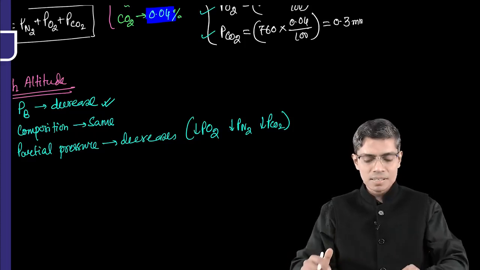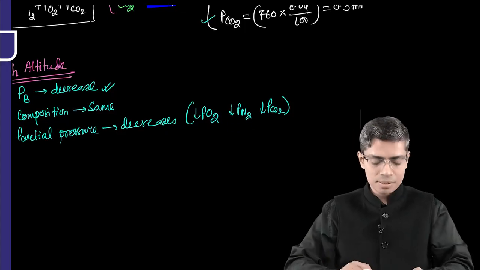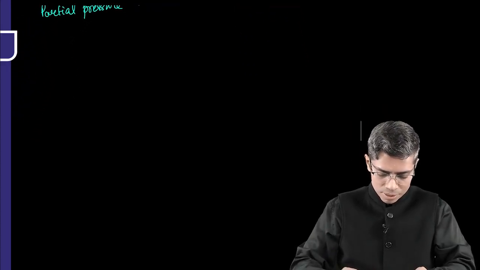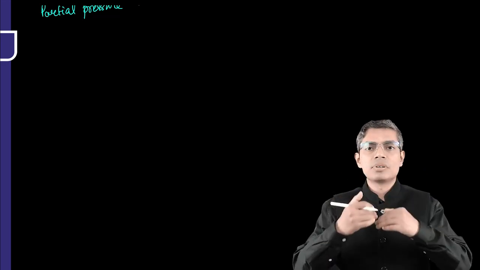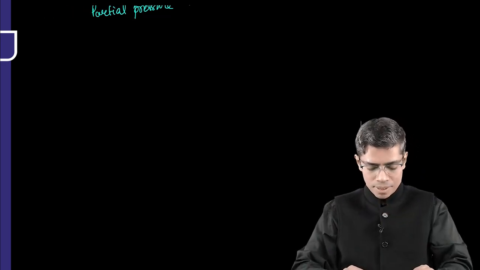Now, after understanding this phenomenon at the level of the atmosphere, look at it this way: suppose you have inhaled a certain amount of gas into your lung. We all know that whenever you inhale gas, it has to pass through the conducting zone where exchange of gas is not going to happen. Then what is the role of this conducting zone?